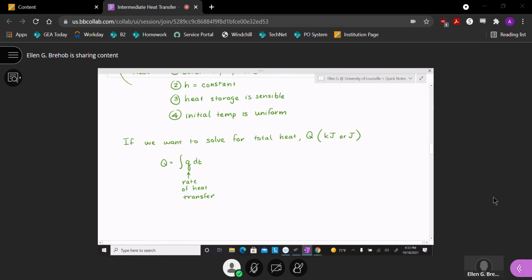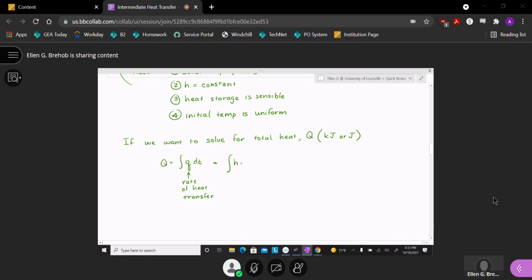Okay, so total heat transfer is going to be integrating the rate of heat transfer, so that little q, over time. And I'm going to replace this rate of heat transfer with a convection, like a Newton's law of cooling equation.